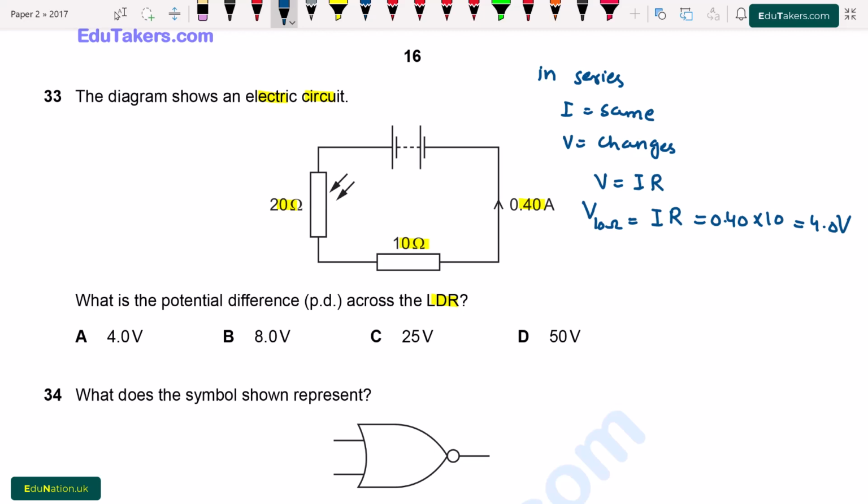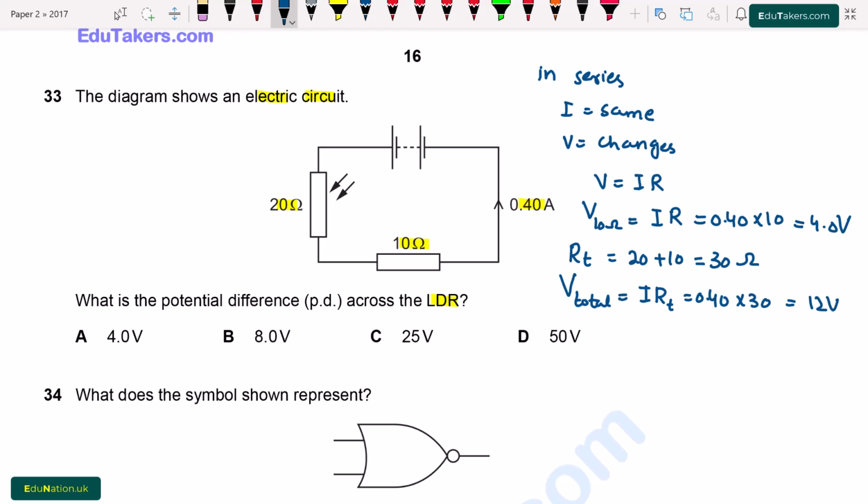First we find the equivalent resistance. The total resistance will be 20 plus 10, because both are connected in series, so it will be 30 ohm. Now I find the potential across the whole circuit. V total will be equal to I and R total. Current is again 0.40 multiplied by 30, so the total potential will be 12 volt.